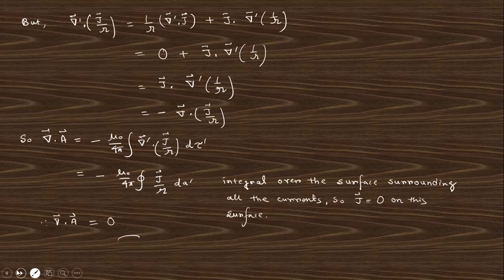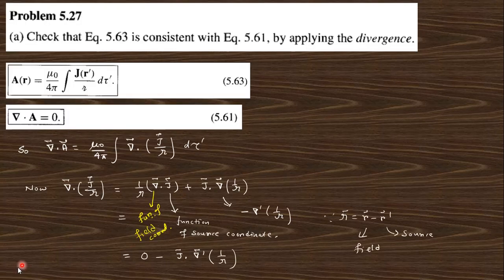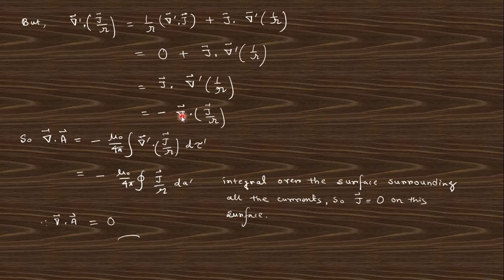After that, if you take this divergence, where unprimed means field and primed means source, this thing can be written like that, and this is also 0 because this is a constant. You can see that the unprimed and primed are related with a minus sign.